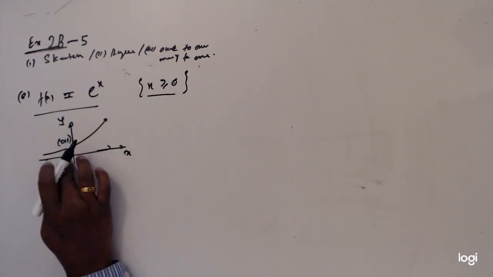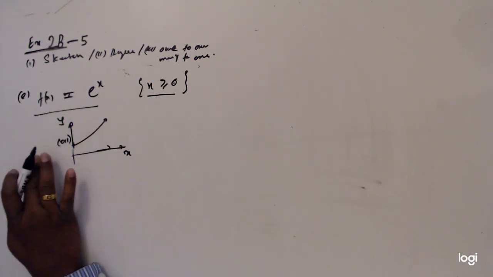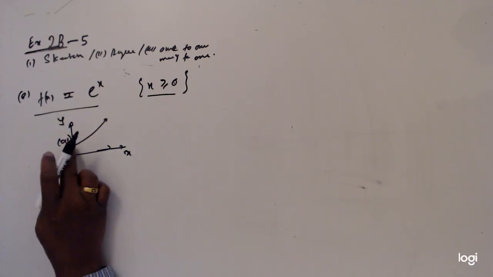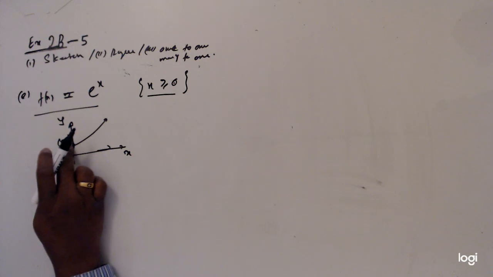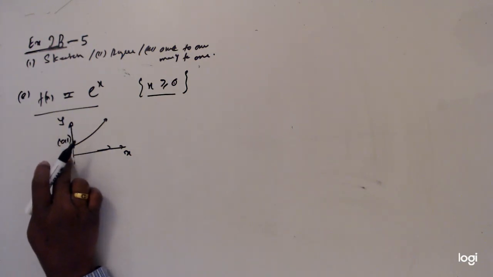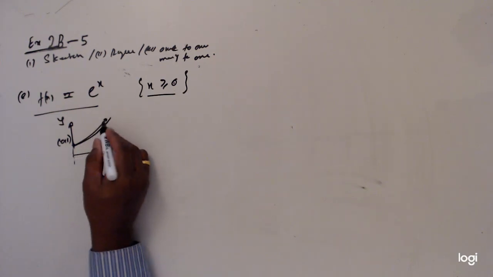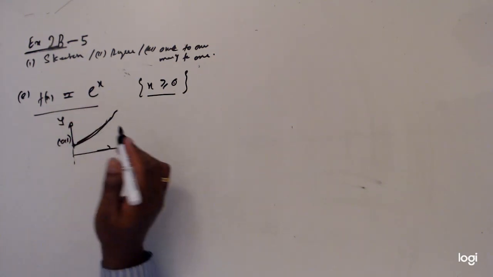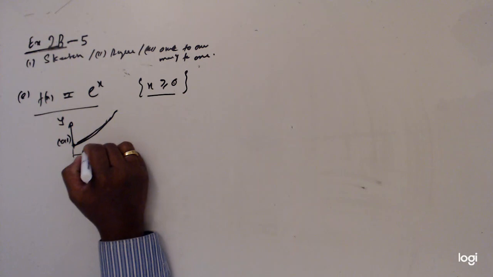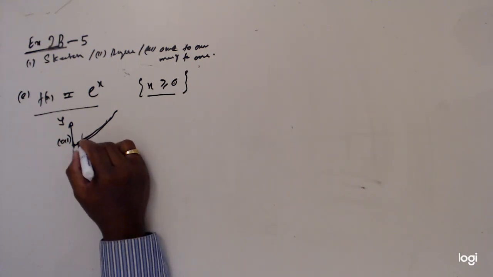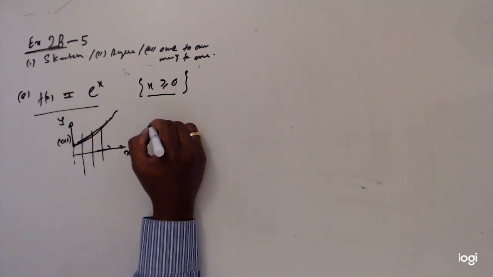It means we have to delete all those x values. Then we have to delete the y values which occur due to those x values. The graph is going to be like this. And this is 1 to 1. So when you take any x value, you get only one intersection point.